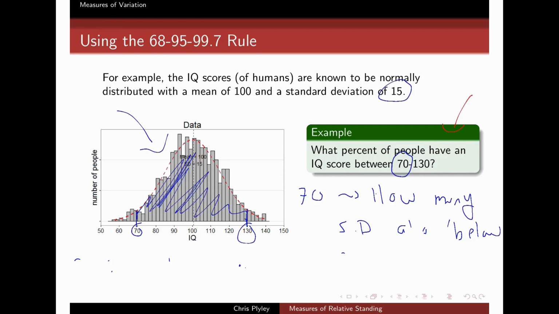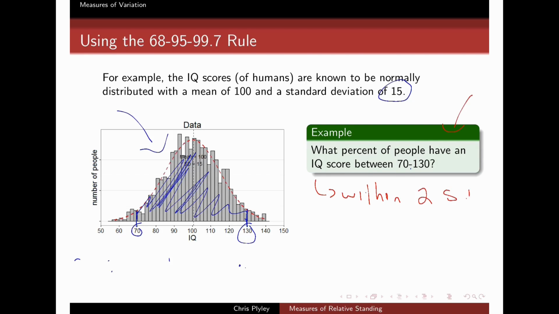That means that this question being asked to you, what percentage of people have an IQ between 70 and 130, is just a rephrasing of what percentage of people in this set have an IQ within 2 standard deviations of the mean. There's no difference between the two questions. They mean the same thing.